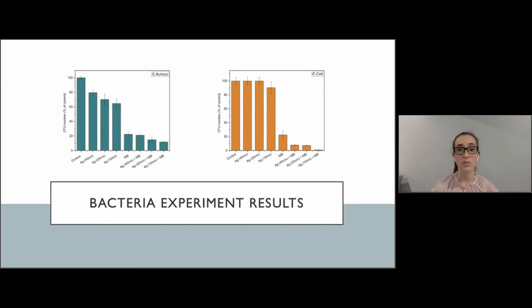It can also be observed that the size of the nanoparticles as well as the methylene blue had the most significant impact on the antimicrobial effect. You can also see that the silver nanoparticles alone were more effective at eradicating the Staph aureus than the E. coli, and this may be due to the differences in their concentration of peptidoglycan.